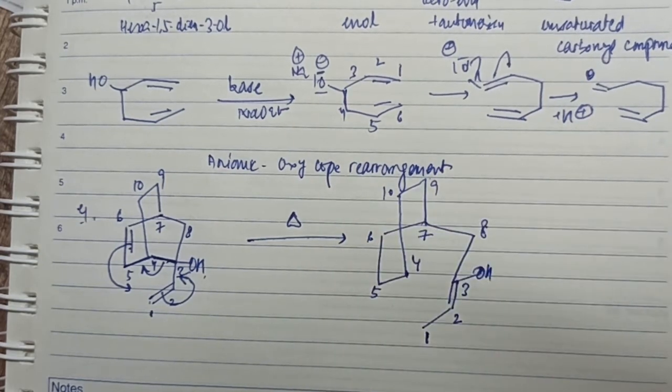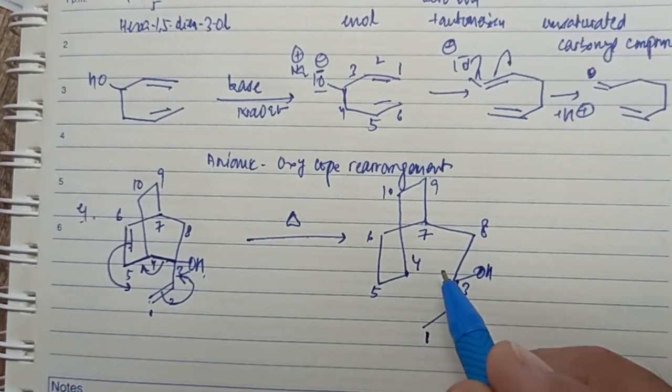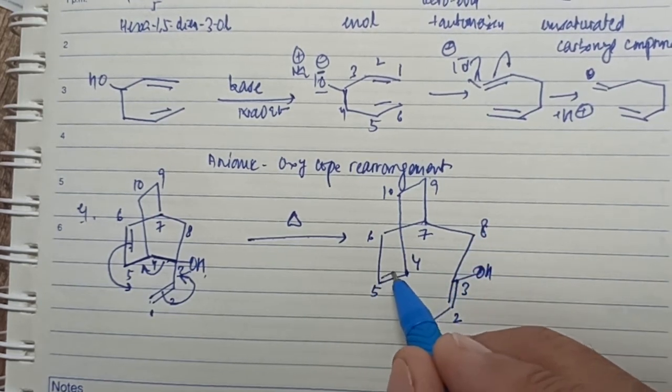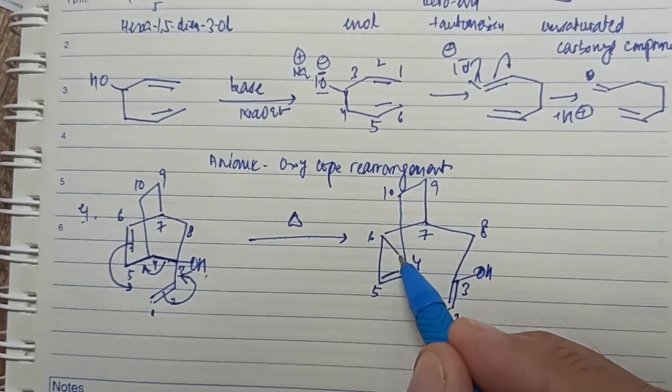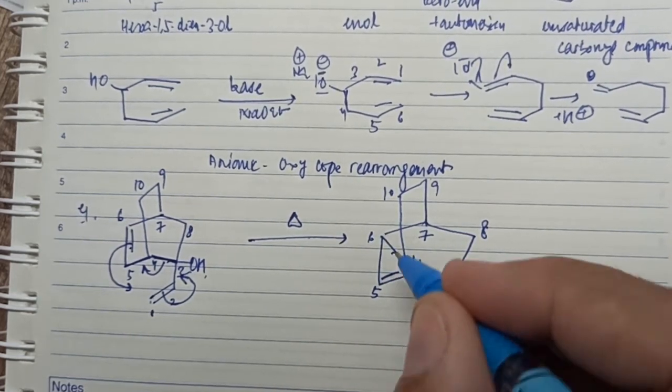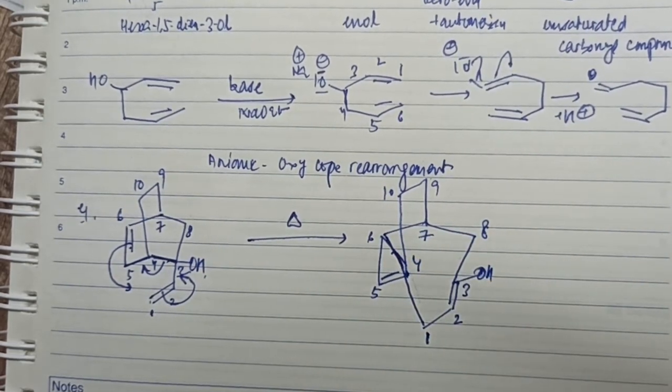This has nothing to do with IUPAC numbering, just arbitrary numbering. The 3,4 bond has converted into a 4,5 double bond, and a bond is formed between the first and sixth carbon atoms. So I have this bond formation here between the first and sixth carbon atoms.